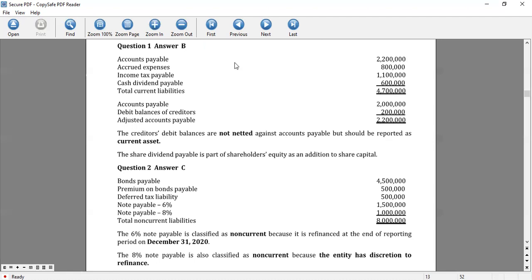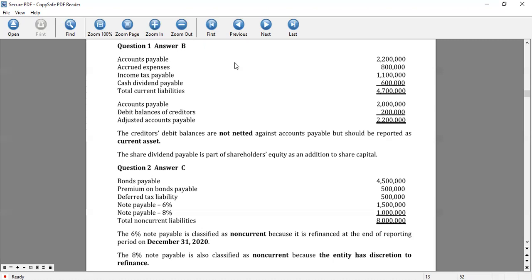And we have the 8% notes payable, which is also classified as non-current because the entity has discretion to refinance.